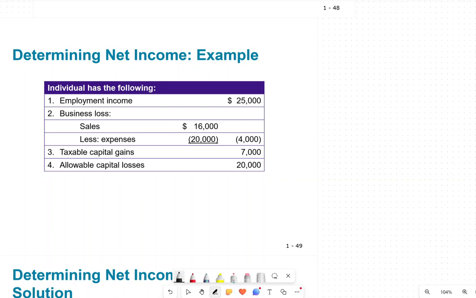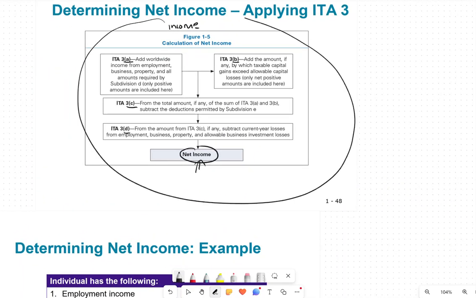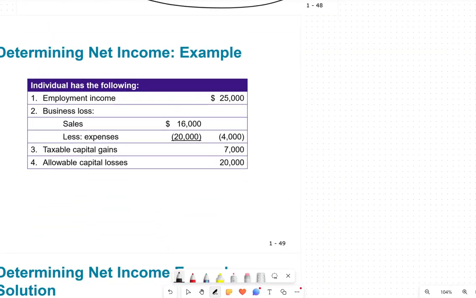When we had, this is an example. Whatever this table is, we're going to do it in an example. As an individual, you work, so you have an employment income. You also have a business that you carry as a self-proprietorship. You have a revenue, you have expenses.